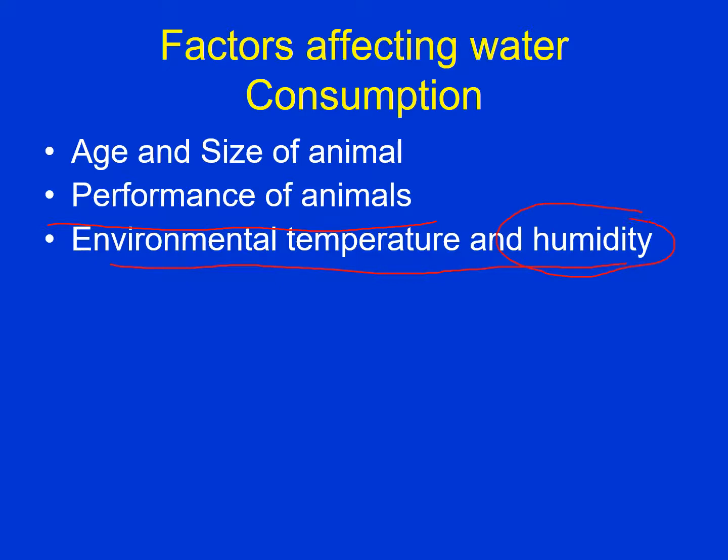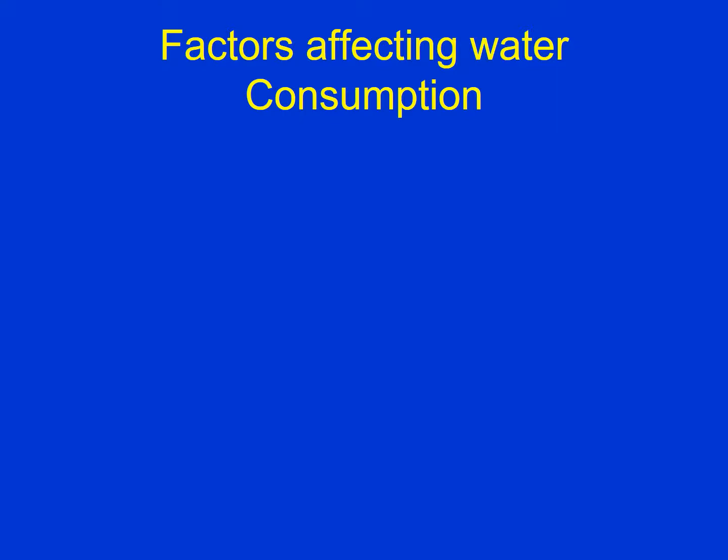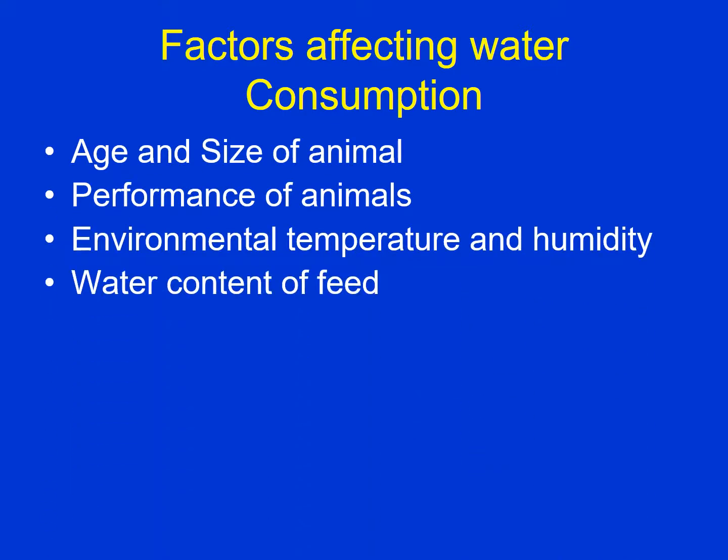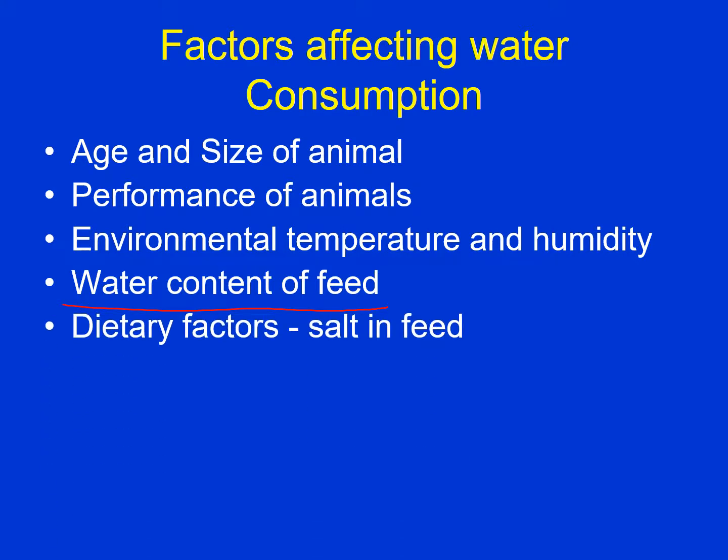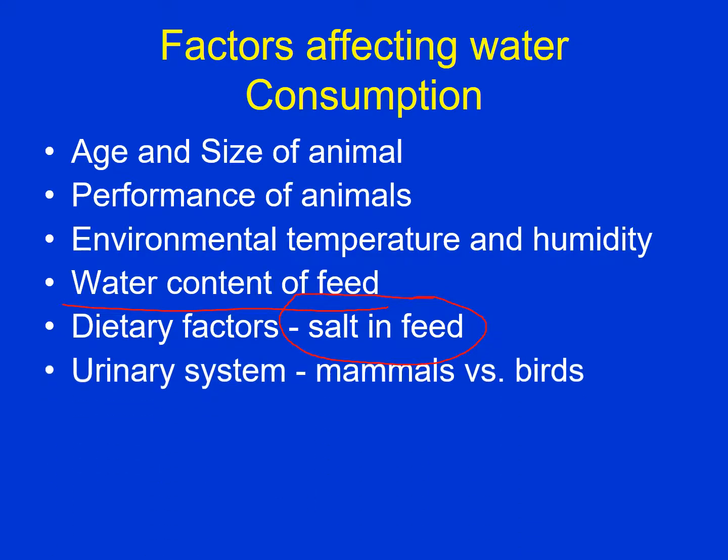Increased humidity will heat stress the animals as well, so more water. The water content of the feedstuffs. Dietary factors: if there is increased salt in the feed, the animals will require more water.